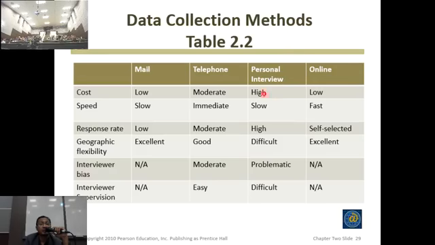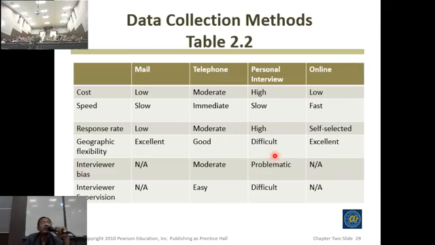If it is a personal interview, the cost is very high because you need to interview one by one, including your mileage, maybe accommodation, food, and so on. Speed is very slow because you interview one by one. Response rate is high because once you see that person, it is very likely they will answer your questions.